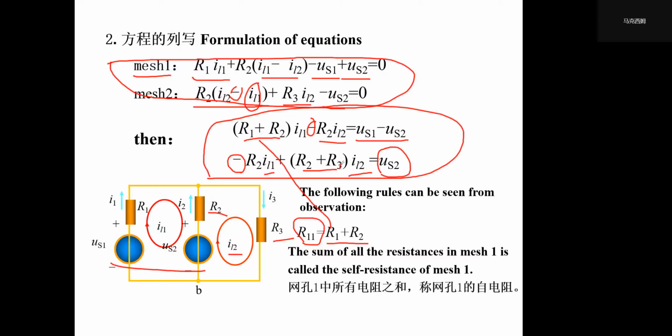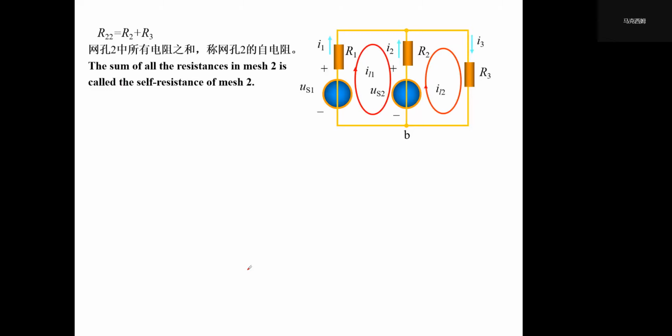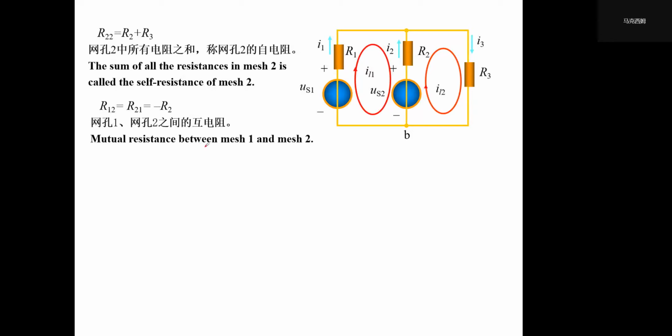Similarly, R22 equals R2 plus R3, the self-resistance of mesh 2. And together, they share a branch, so we call R2 the mutual resistance between mesh 1 and mesh 2.